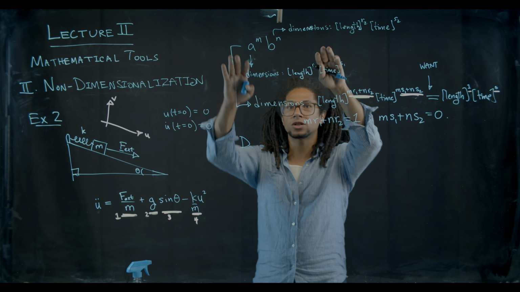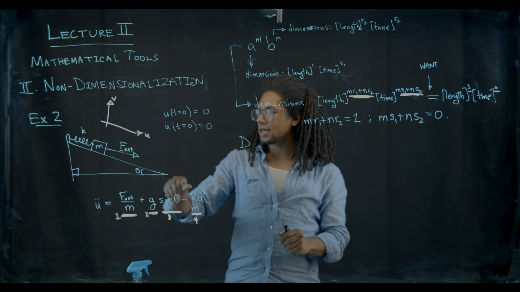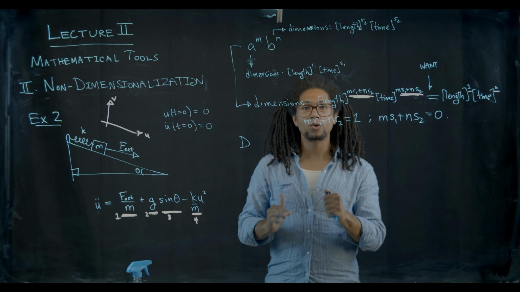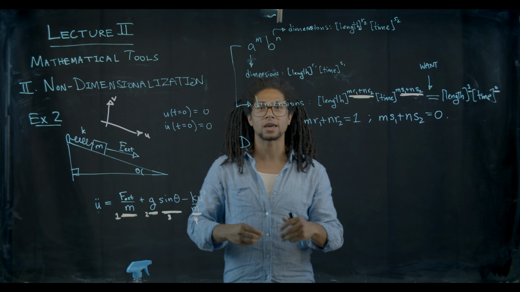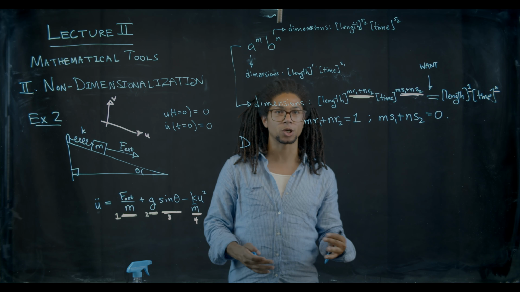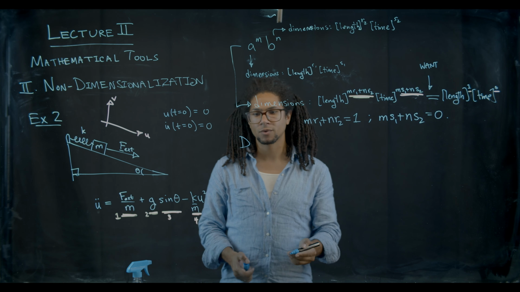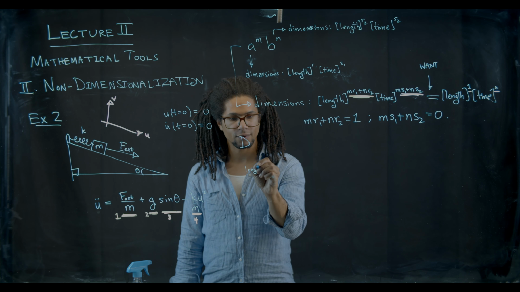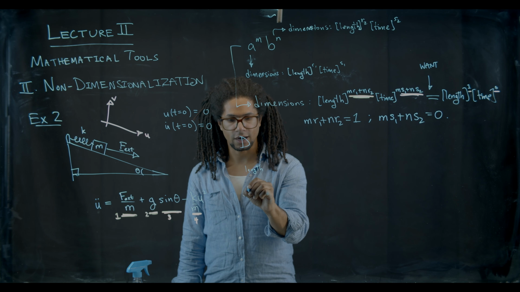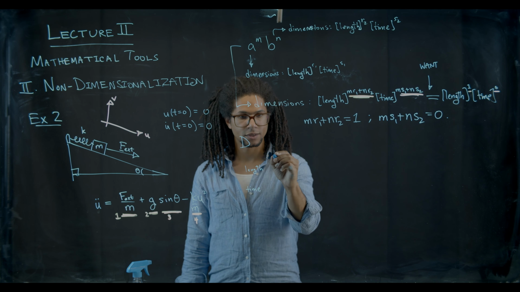Now, in both my cooked up example with a and b, and in the problem to the left, the only ones that we need to care about are length and time. But in general, you might have others like mass, charge, temperature. It really just depends on the problem. So in this case, I'm going to have length and time in my matrix.